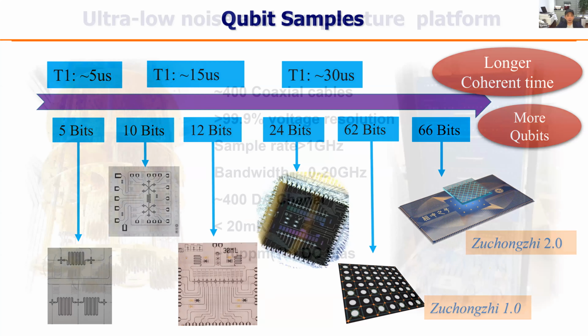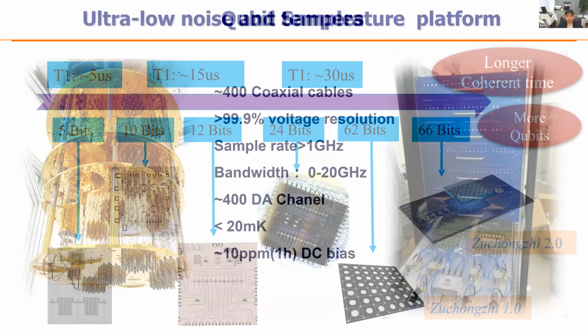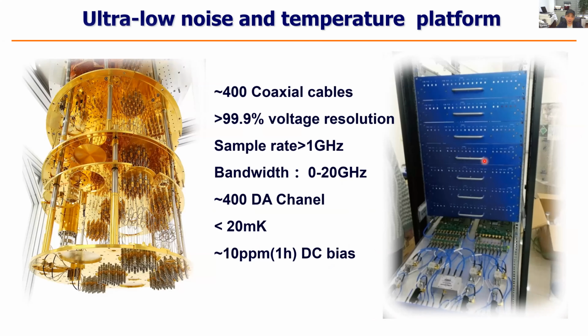At the same time, we have developed our ultra low noise and low temperature platforms. We developed our own electronic devices, with very good control precision, including a lot of channels, and we have a very good DC bias source. Finally, we can control our qubits using the software and achieve some results.